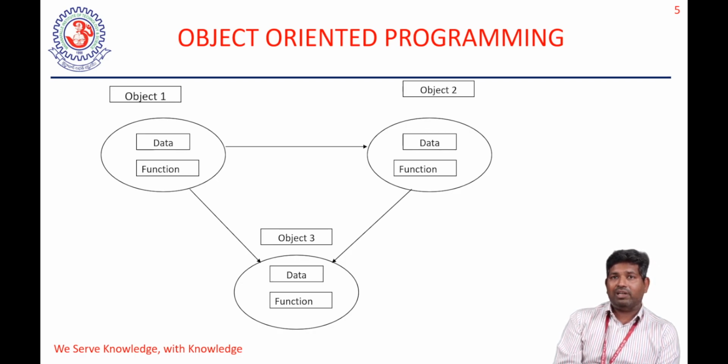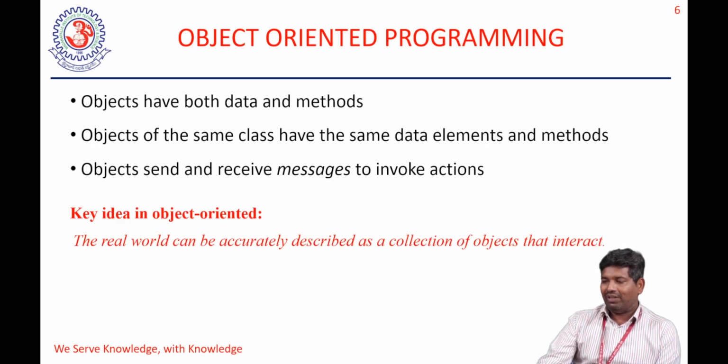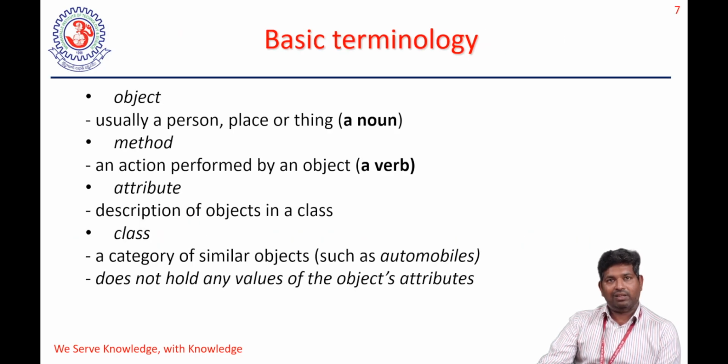Whereas in object-oriented programming, these two are very easy. We can represent each and every object very easily, and the objects of the same class can have the same data and methods. Objects send and receive messages to invoke actions. So the key idea is that in object-oriented programming, the real world can be accurately described as a collection of objects that interact.